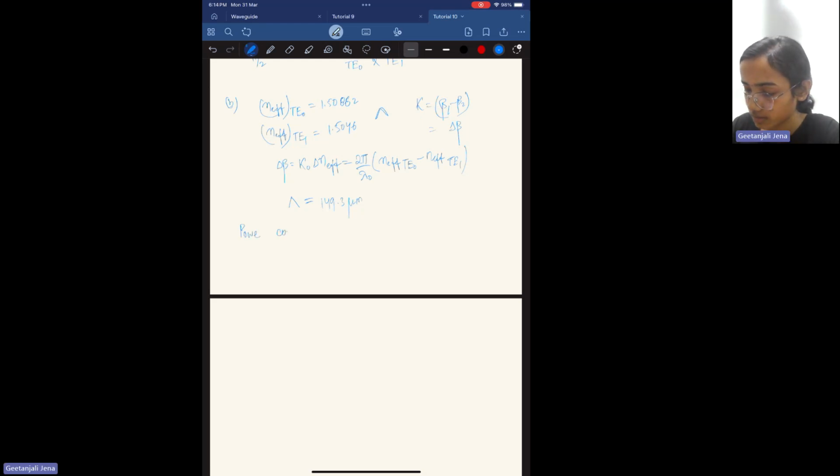So the power coupling, power carried by the propagating mode.